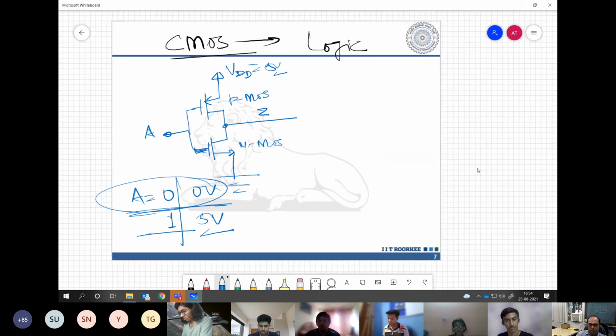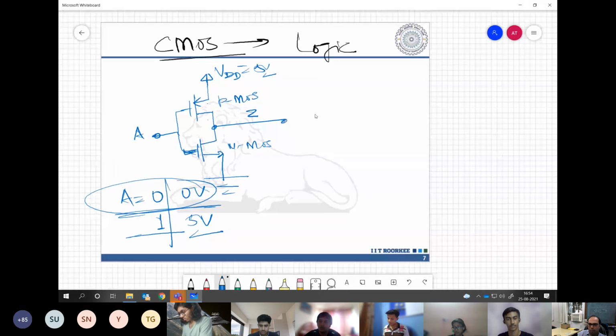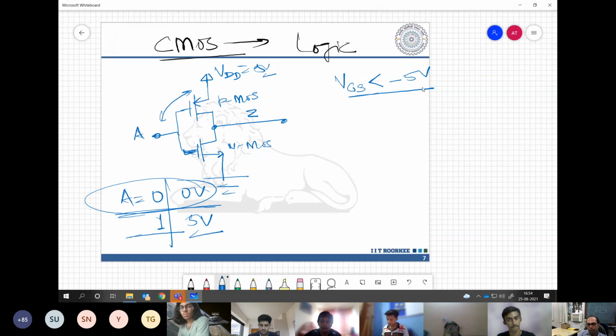Which one will turn on? Yes? Sir, the PMOS. Why? Sir, VGS will be negative actually. When you apply 0 voltage at the gate, and your source, please mind that here it is opposite. The source is here, drain is here.